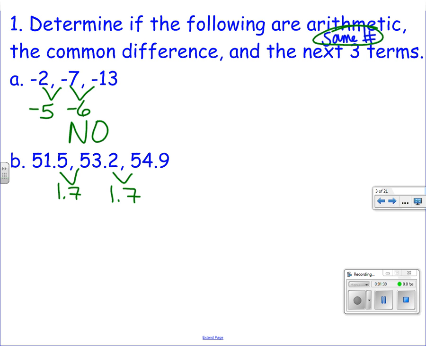It is a yes. Ashley, what letter do we use for common difference? And so that is 1.7. And Dan, how do we get the next 3 terms? Good. Anybody done that? Added 1.7?